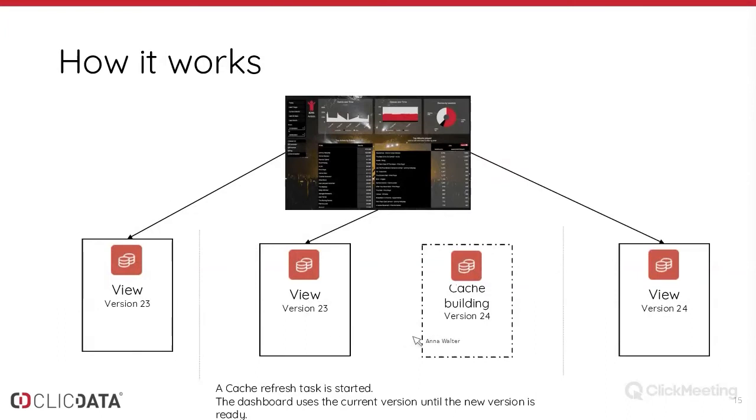This triggers the cache building for the version 24, which is the next version. While this one is building, the dashboard still relies on version 23. It will only switch to version 24 once the cache building is done. And then when the 24th version is available, the version 23 will be trashed.